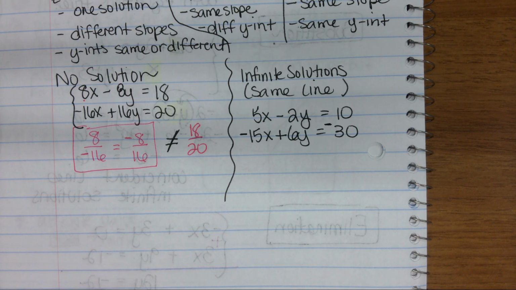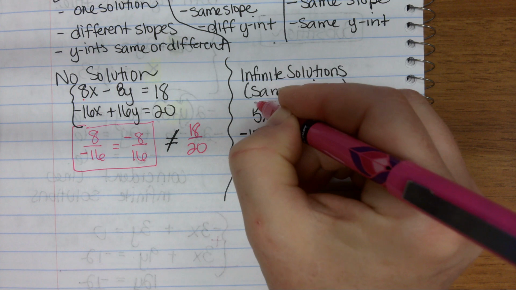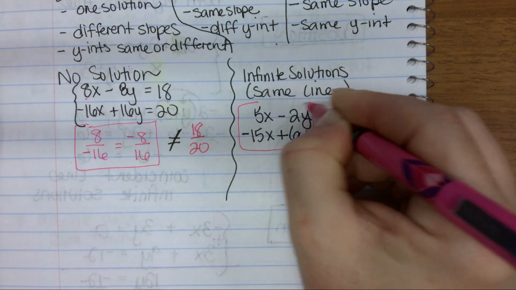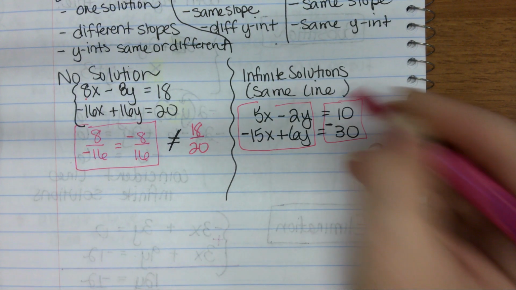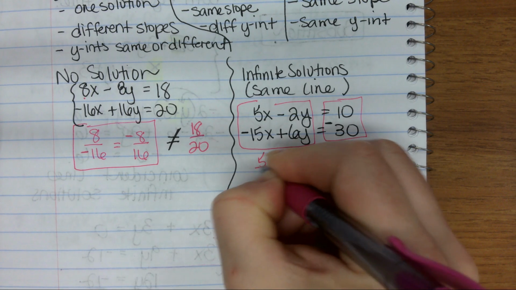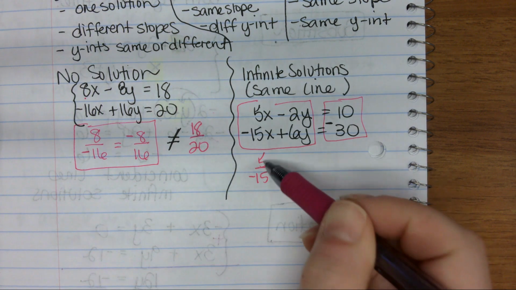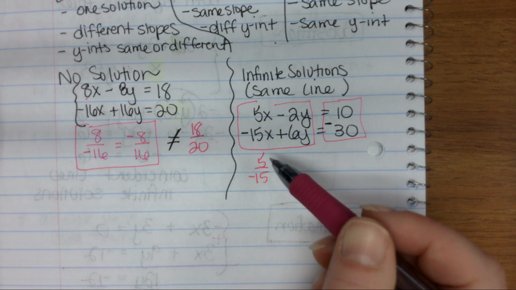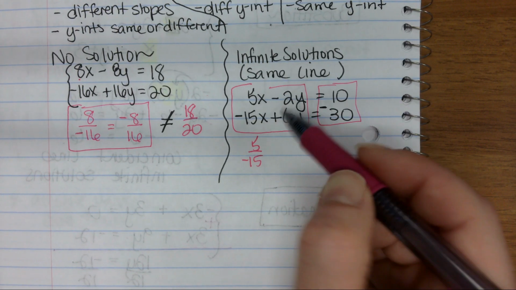We're not talking about solving, we're just talking about the characteristics of our two equations, okay? In this case, they all have to be the same because they're the same line. So if I would compare 15 over negative 15, by the way, you can think of it as a fraction, or you can say, what would I multiply? This is times negative 3, right?